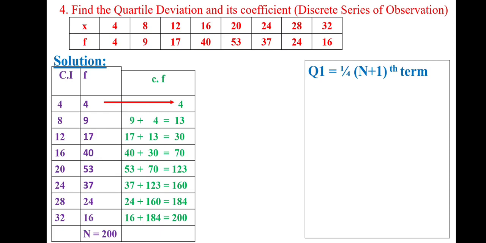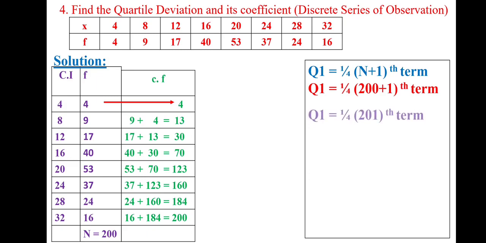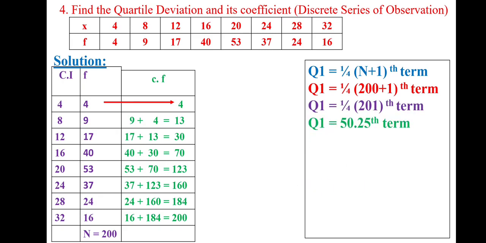Now Q1 equals 1/4 of (N plus 1). Capital N here is 200. Here there is only one formula, so 1/4 of 200 plus 1 term. Simplifying, 201 divided by 4 is 50.25.